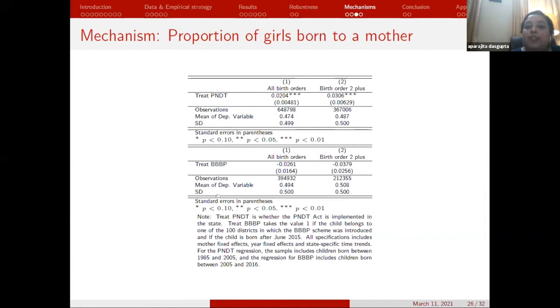In terms of the B3P results, again, we find that it has a negative sign, but again, not significant. Since B3P had both the components of demand and supply, you could think of this as perhaps mitigating some of the effects of the supply induced restrictions. And so, not getting a significant result could actually be a good thing.